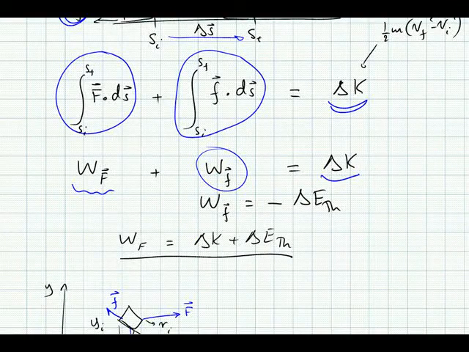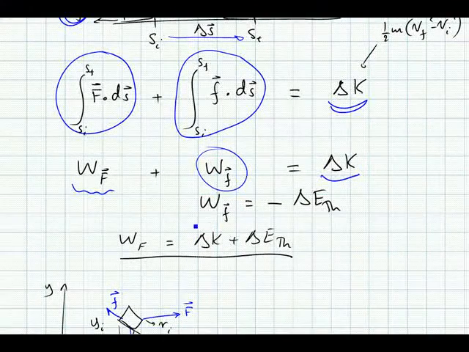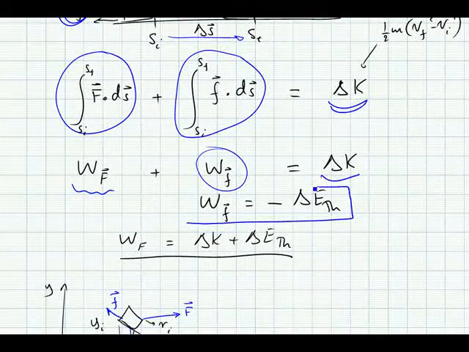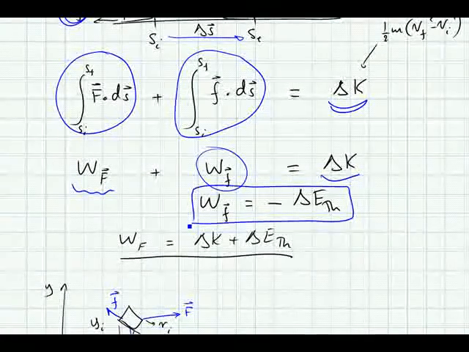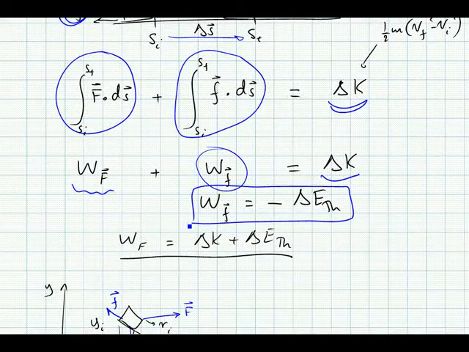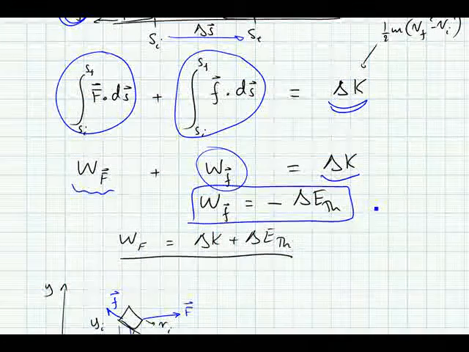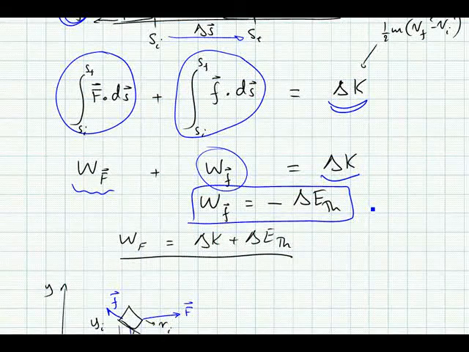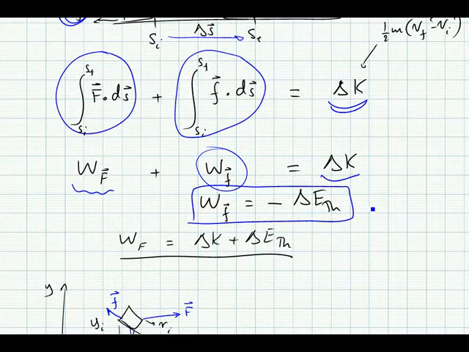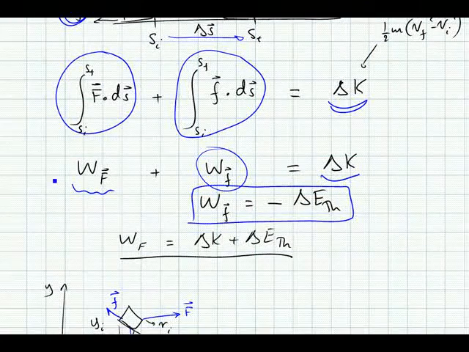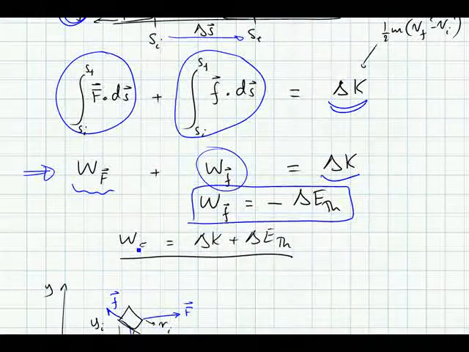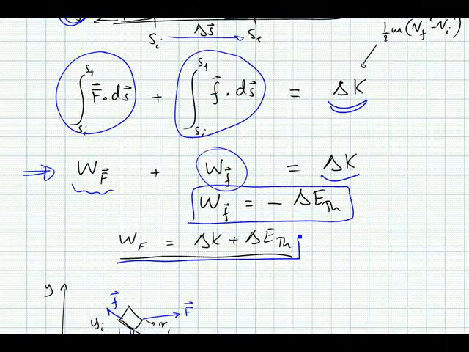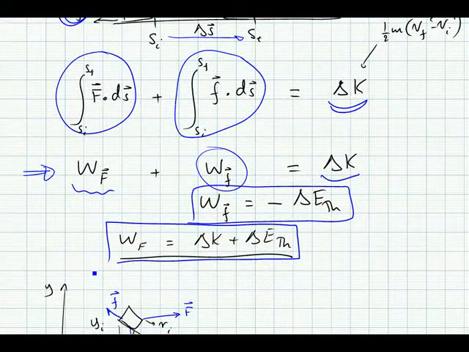Now what is this work done by friction force? Well, the work done by friction force, we said, is equal to the negative of the change in the thermal energy. So if we plug this expression into our equation here, we end up with work done by F, which is our external force, is equal to delta K plus change in E thermal.